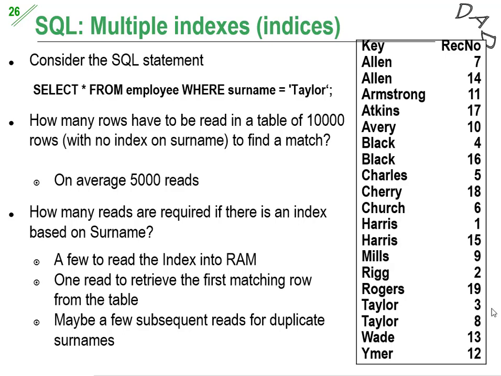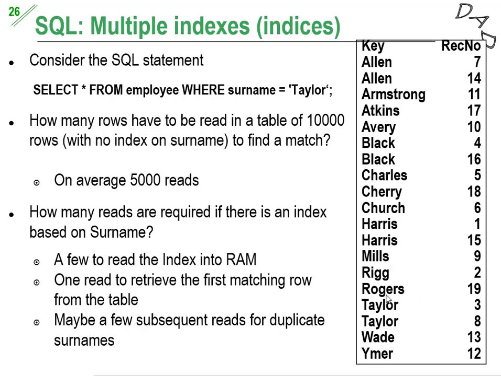In this particular instance, the computer or the application or the DBMS will still do the binary search. It divides the index into half, and the matching value, Taylor, sits in the lower half, so it will ignore the upper half, and again divide the lower half into two.